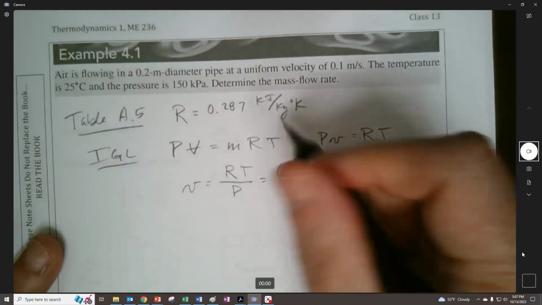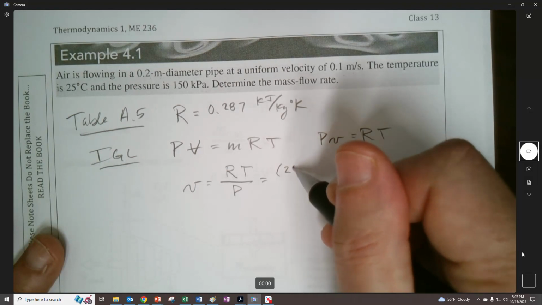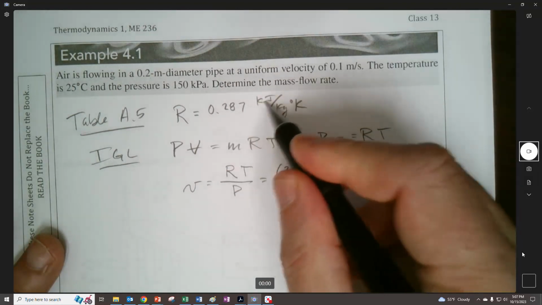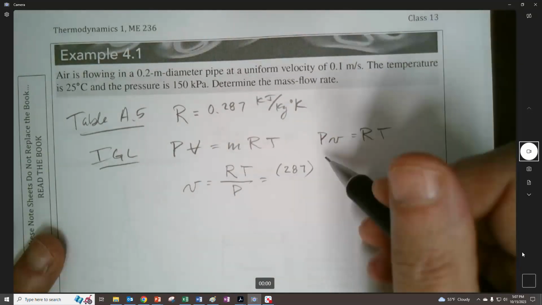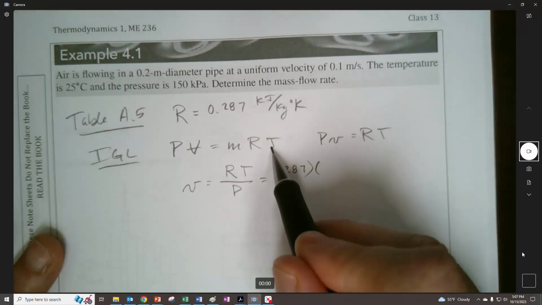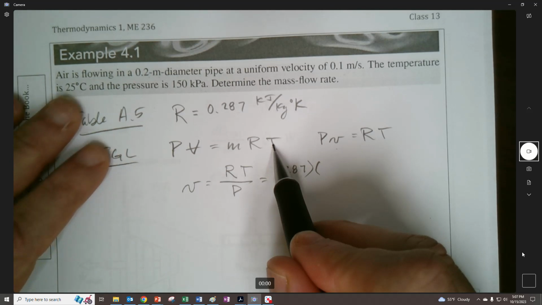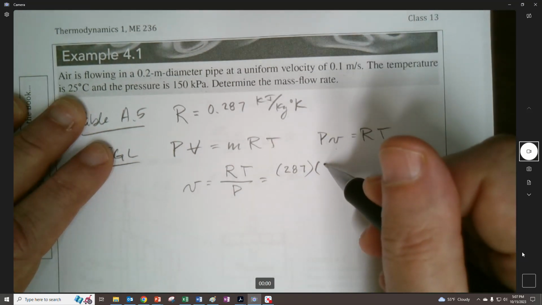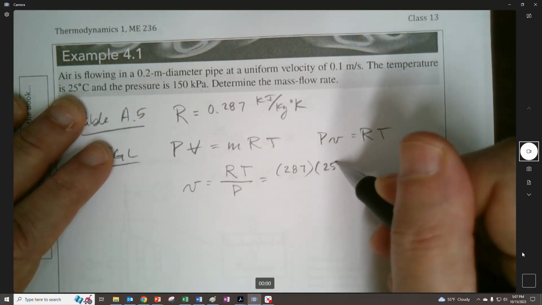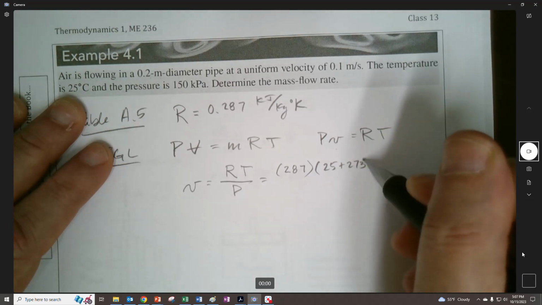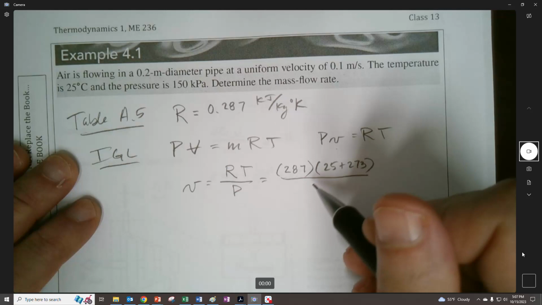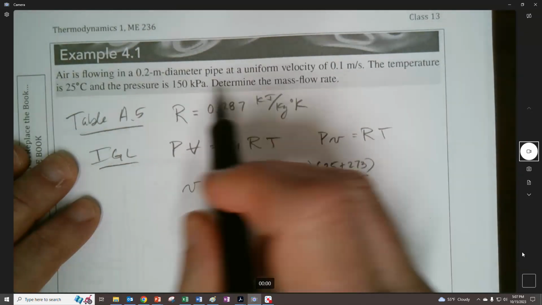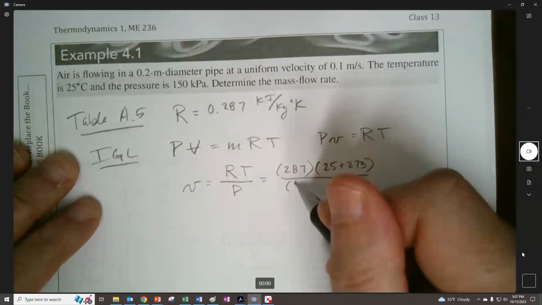And just to keep my units square, I like to turn this into Newton meters per kilogram. That's the way my thought process goes. I take this, and it's 25 degrees, so we want to go 25 plus 273. You can always remember to use absolute temperatures. And then I divide it by 150,000.